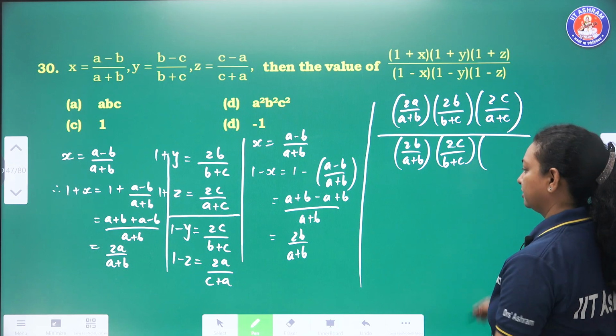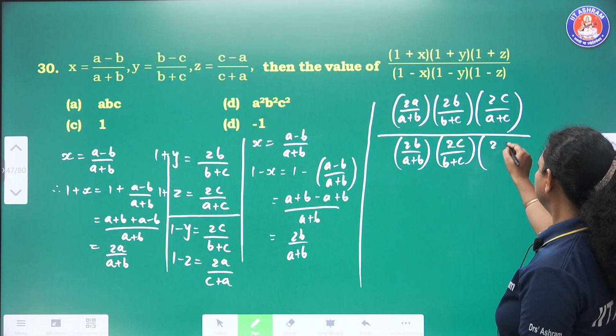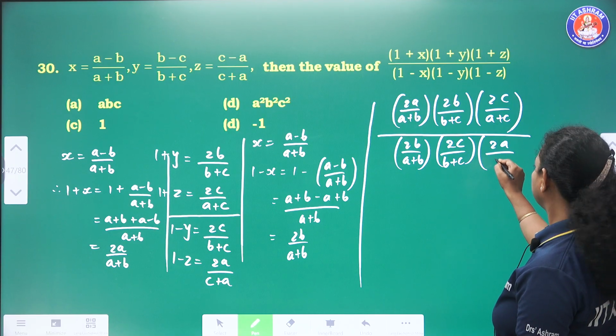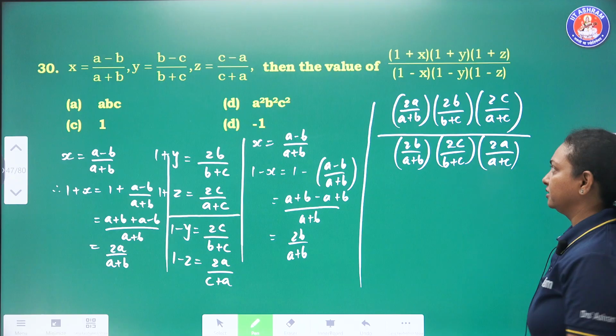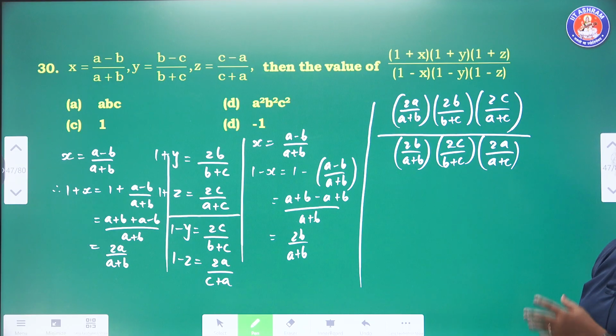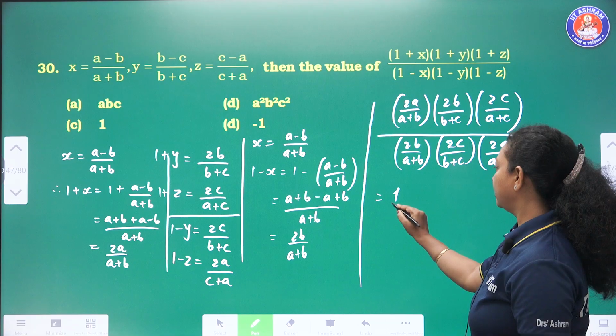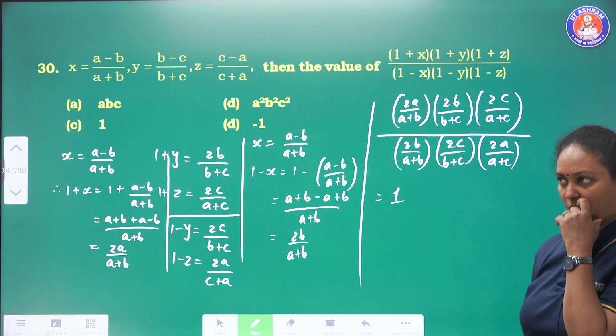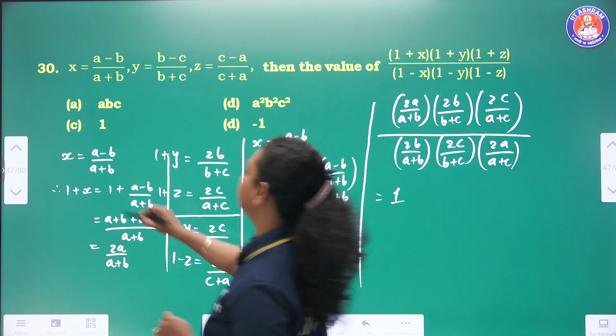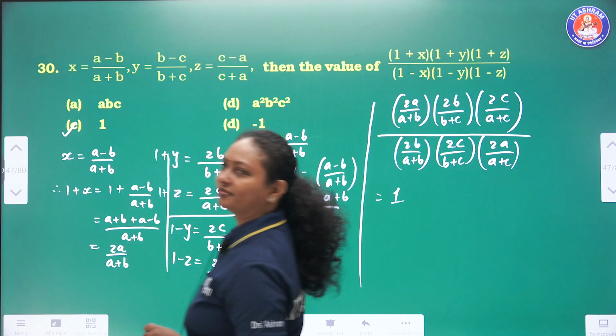And 1 minus z is 2a upon c plus a or a plus c. So you know that numerator and denominator are all equal. So everything cancels out. So we will get the answer as 1. So which one is our correct answer? 1. Okay.